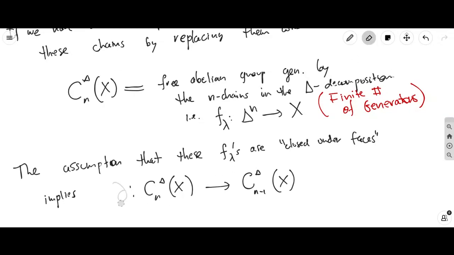Because how is the boundary map defined? You take a chain, and then you look at each of its faces. And when you restrict the mapping to the faces, you're getting mappings from the n-1 simplex. But by assumption, when you restrict these mappings to the faces, you stay within your delta decomposition. So because of that, this gets mapped to this.